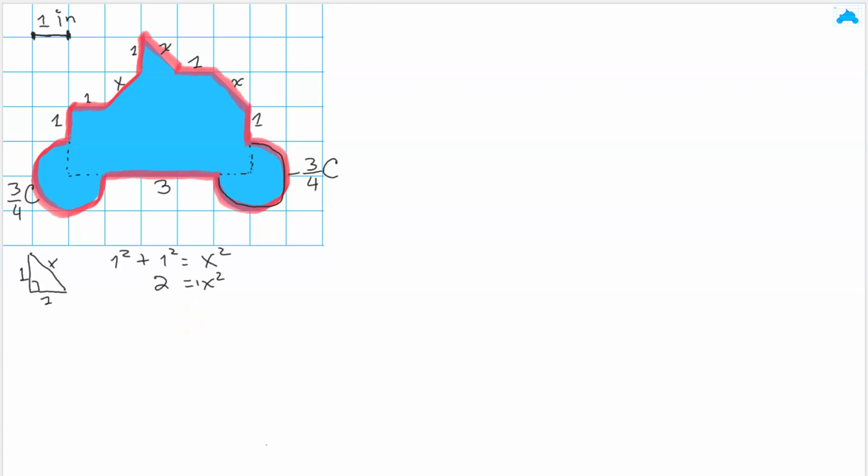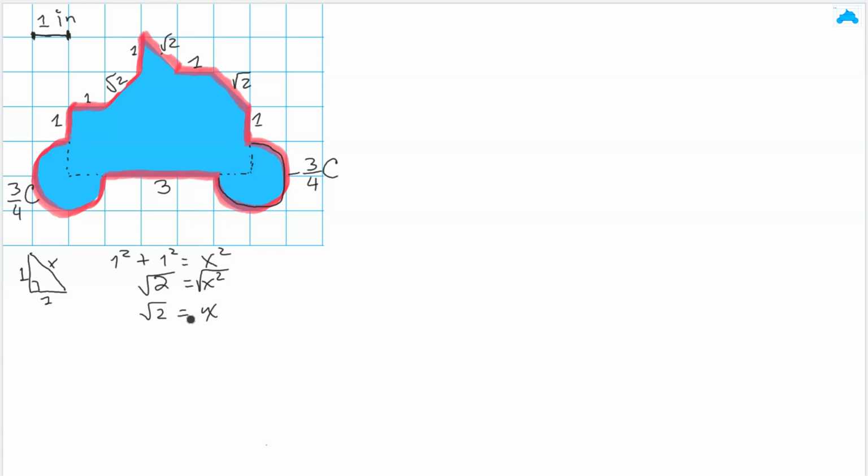Then square root both sides. X is square root of 2. All right, so we can go back and say, hey, X, you are square root of 2. This X, you are square root of 2. This X, you are square root of 2.